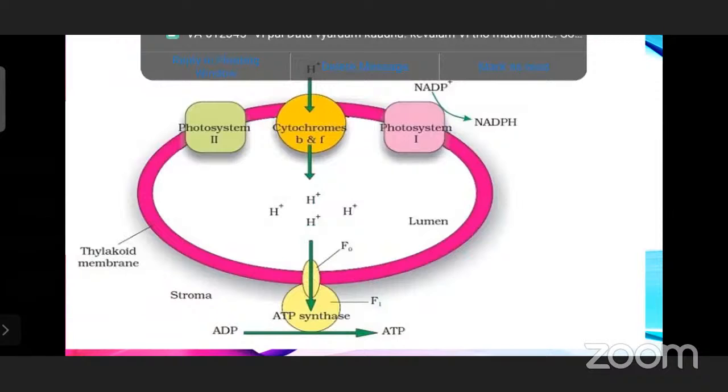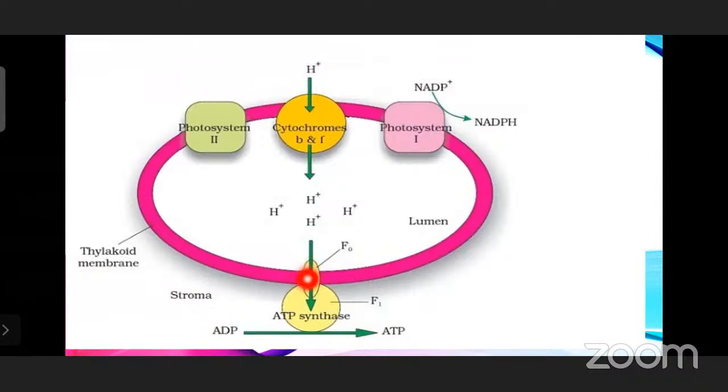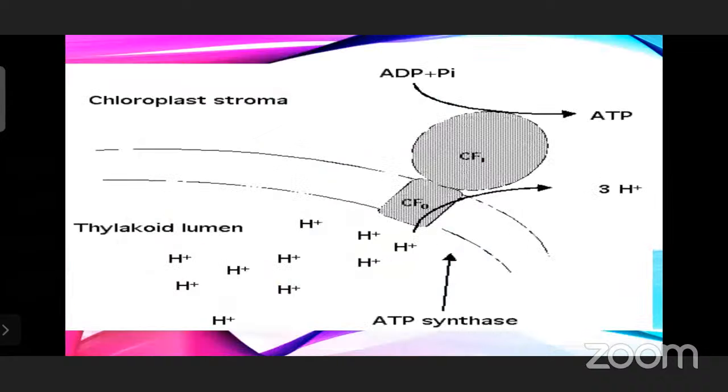When the protons present in the lumen pass through F0, F1, at that time certain energy is liberated, given off. They move from the higher gradient in the lumen to the lower gradient in the stroma. So when these protons are moving, they lose that energy, and that energy is utilized for converting ADP to ATP.